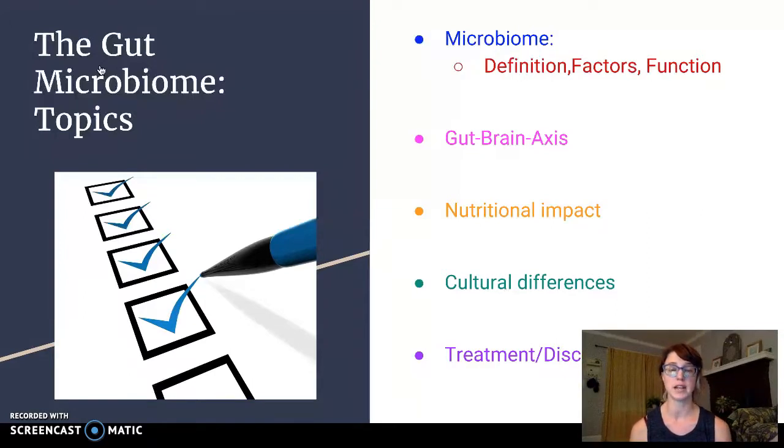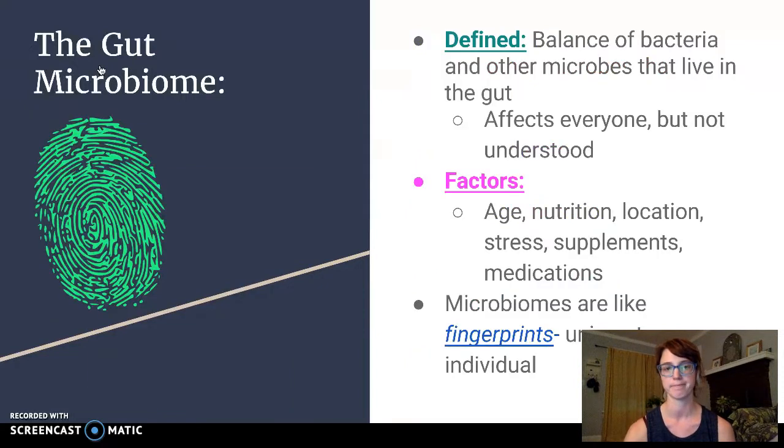Cultural differences and how different populations have different gut microbiomes based on their location. And also treatment for problems with your gut microbiome, and also discussion on how to move forward with that through a public health lens.